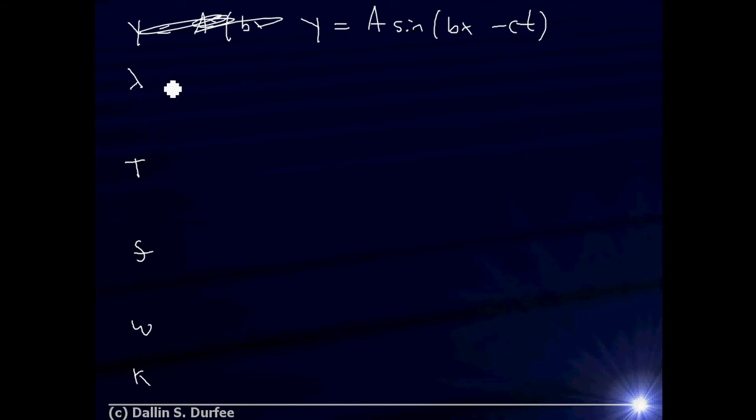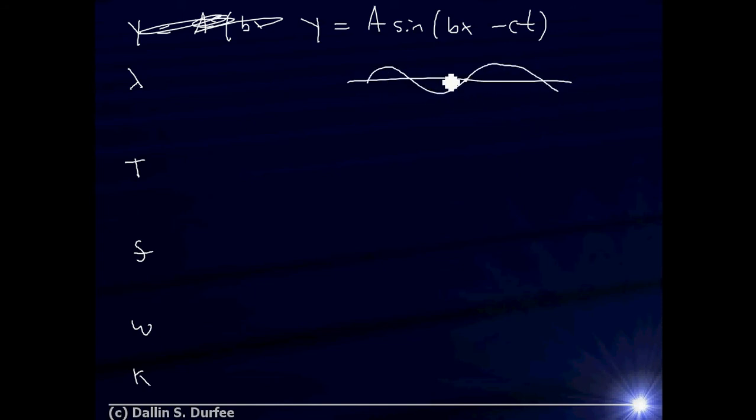Let's look at this. If I've got a wave, basically the wavelength is how far I have to go before this wave repeats itself. So for the wavelength, I freeze my wave in time, so I'm not letting it propagate.